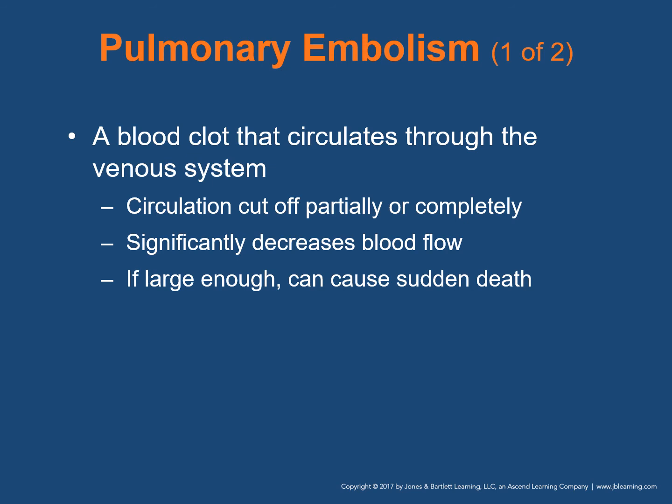The blood can clot in that right atrium, and then all of a sudden the atria will contract, pushing that clot out and going into the pulmonary circulation. And then it will lodge somewhere in that pulmonary system.